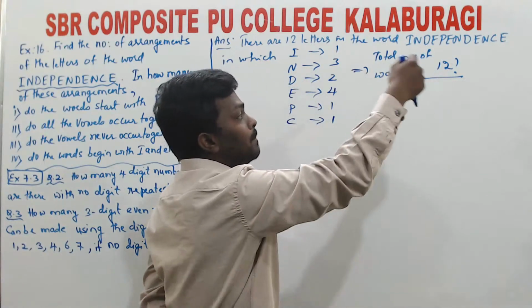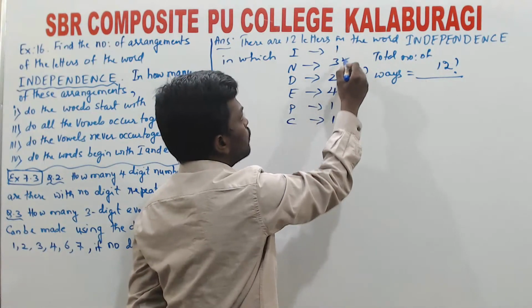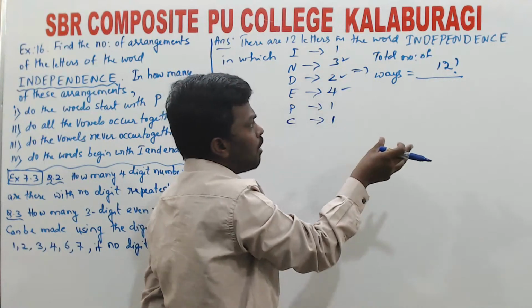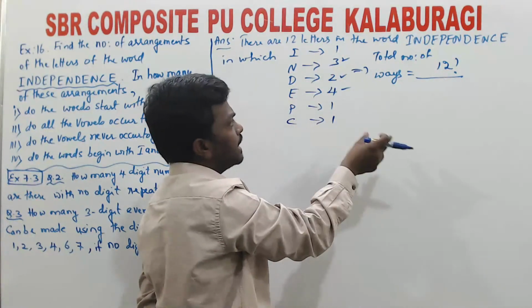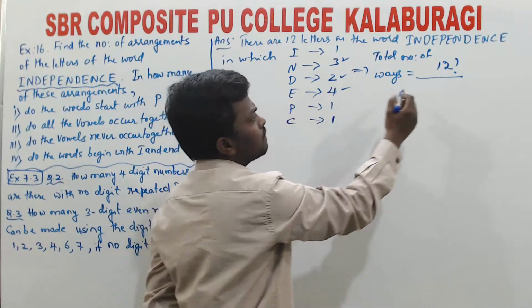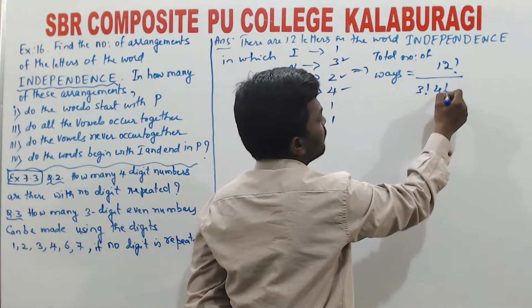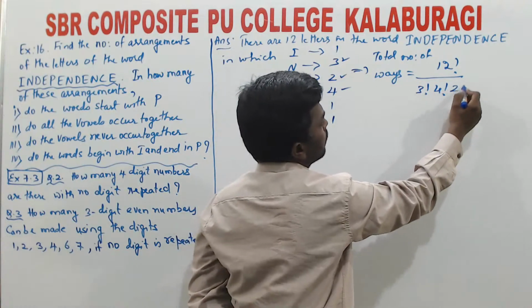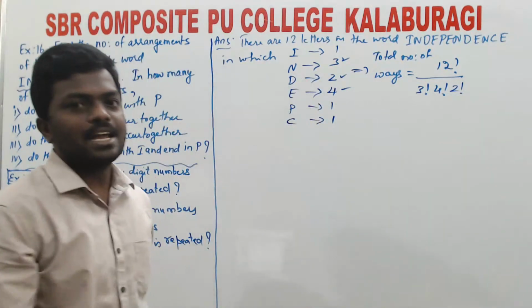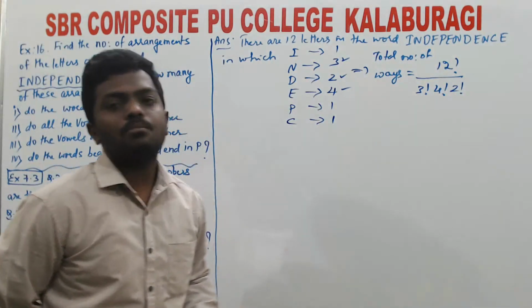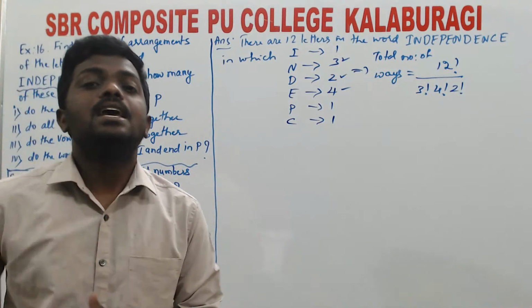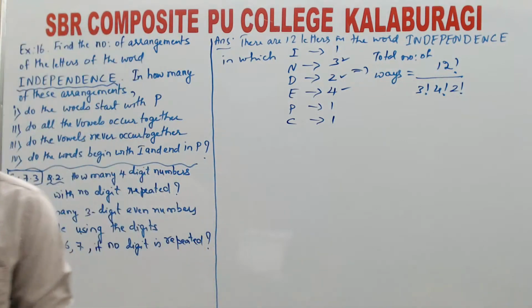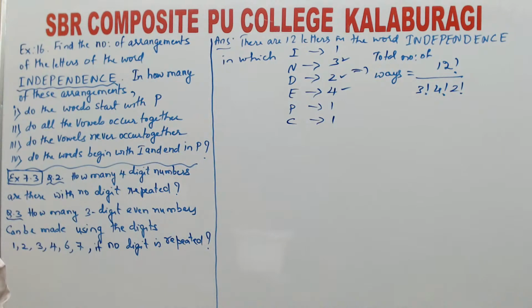But some letters appear more than once: N is of one kind, D is of one kind, E is of one kind. So we divide by 3 factorial, 4 factorial and 2 factorial. So it's 12 factorial divided by 3 factorial, 4 factorial into 2 factorial.